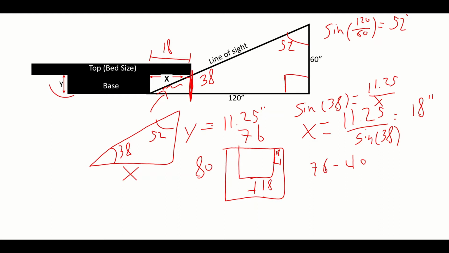That's not what I meant here. Let's get a pointer option, eraser. So 76 minus 18 and 18 is 36, equals 40. That's what I meant.